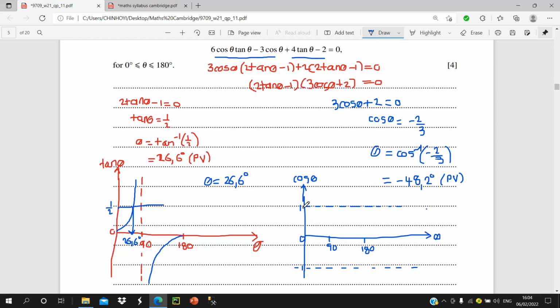Then the graph, of course, it starts at the maximum and goes to the minimum at 180. This is the graph, of course, it's a curve. Then we are saying we have cos equals -2/3. So -2/3 is somewhere here.